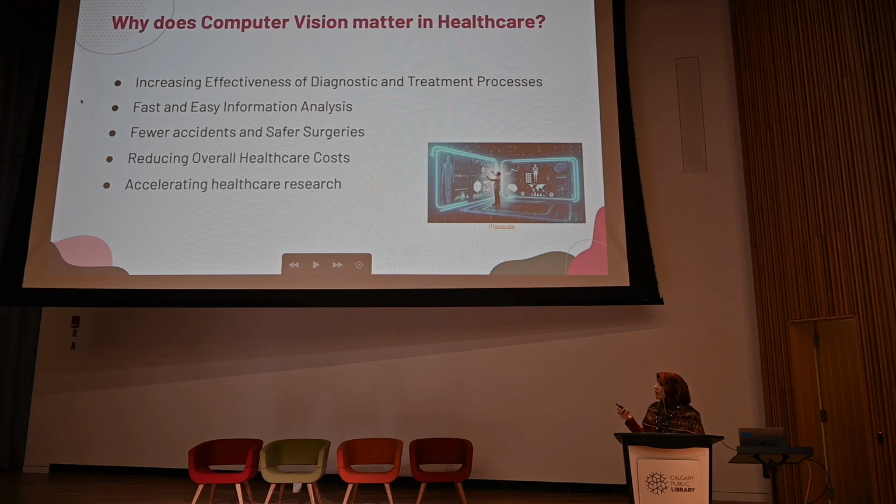Next, computer vision can reduce the total cost of healthcare by reducing the need for manual expensive procedures and labor work. Also, patients will receive more accurate and faster care, so it also reduces the need for hospital admissions and insurance costs. And finally, computer vision accelerates healthcare research for new diseases and pandemics like COVID-19.